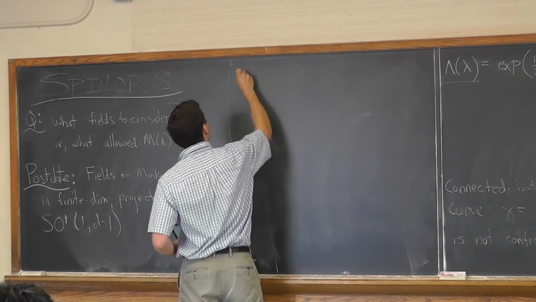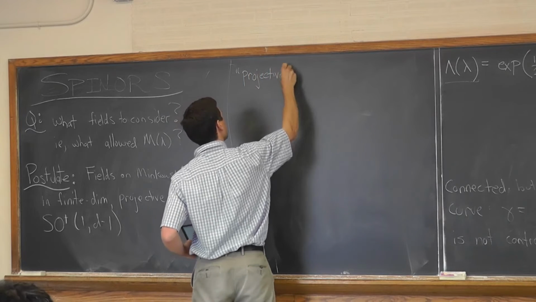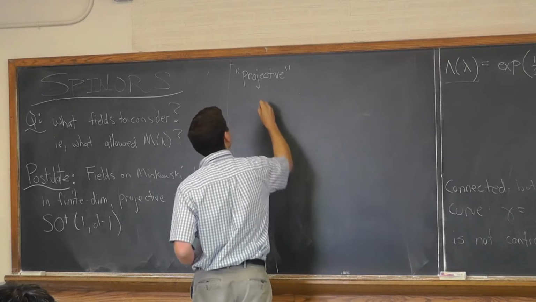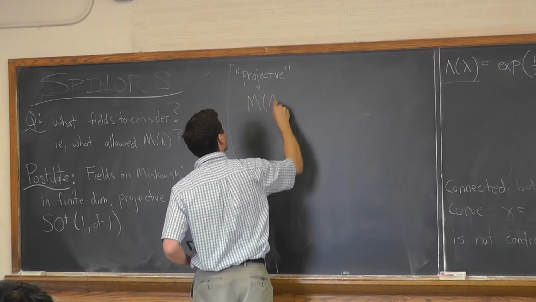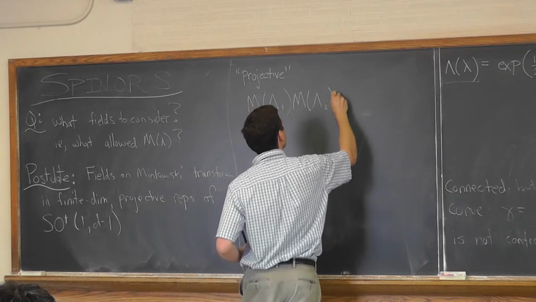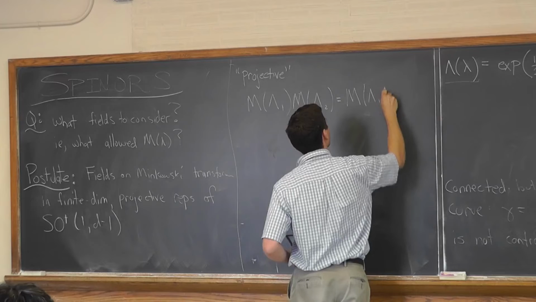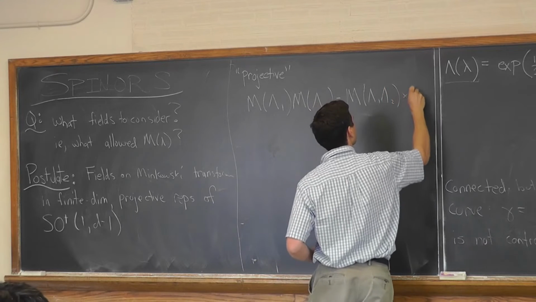First of all, let me define the word projective. Projective means up to a phase. That is, M of lambda 1 times M of lambda 2 is equal to M of lambda 1 lambda 2 times a phase.